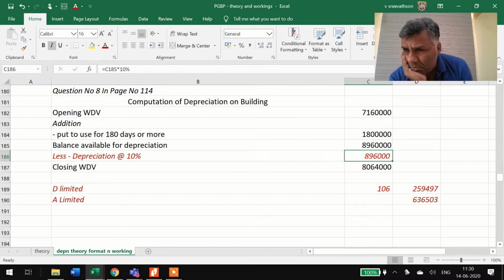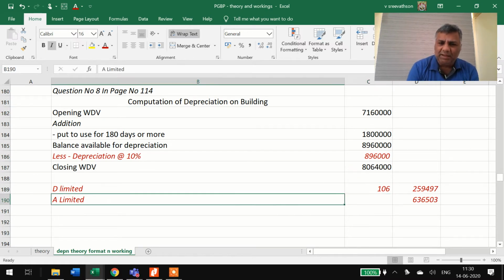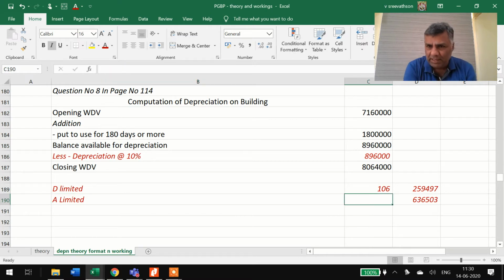There, how will we take it? It's the same, 366. Compute the depreciation ignoring the event. Such computed, how many days D Limited is existing, A Limited is existing, that's what you have to say.